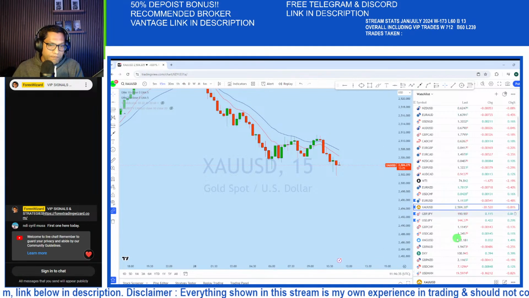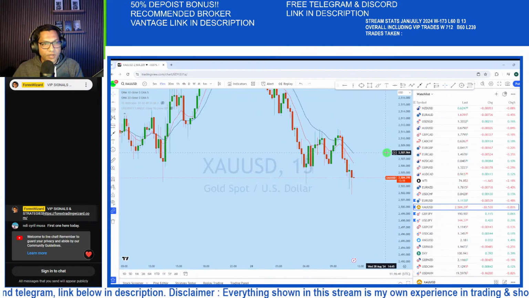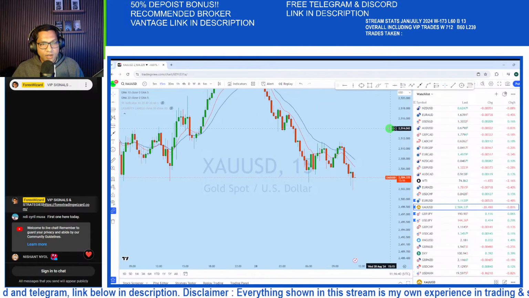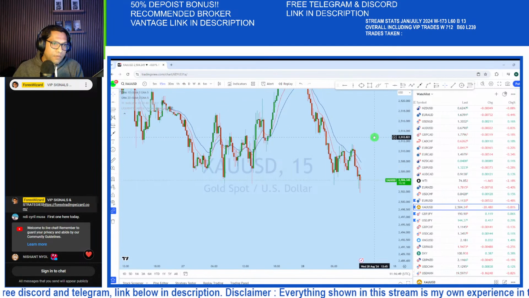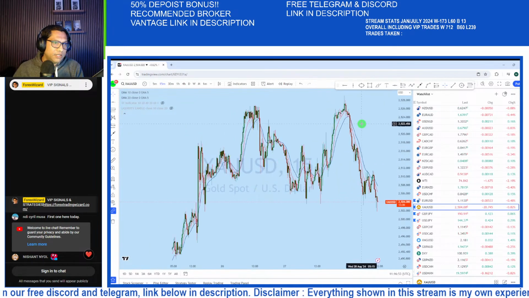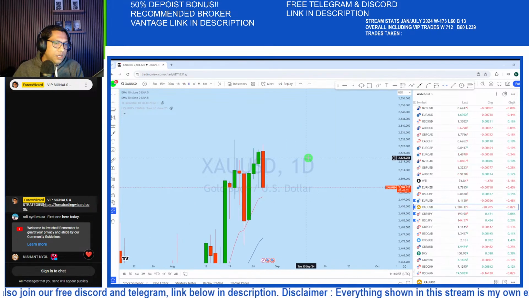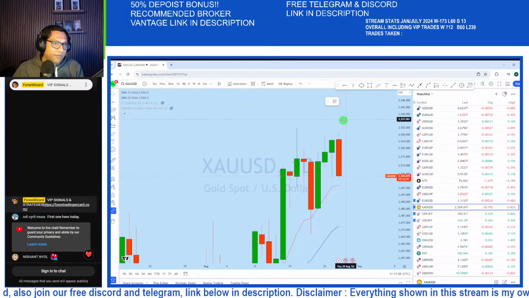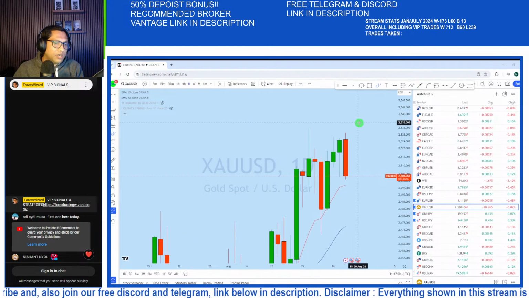So we can see that after yesterday's long session, the market has made significant movement at the moment, waiting for another setup. As you can see, early today we have seen a significant movement on gold, and from this level, this is a pretty strong drop on the daily.